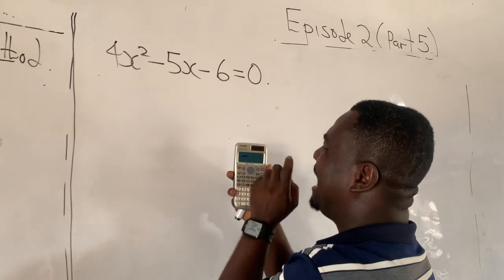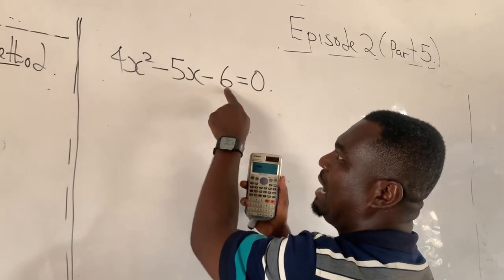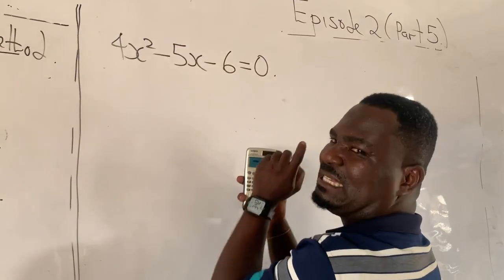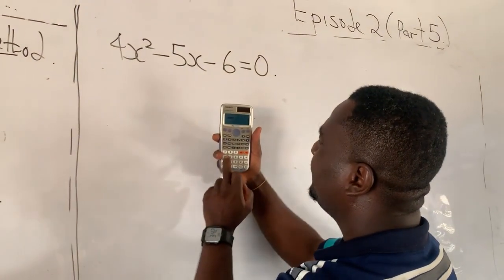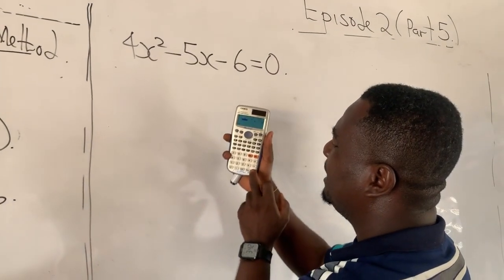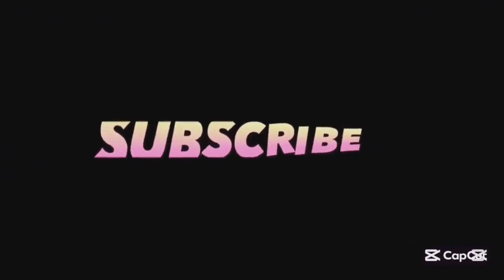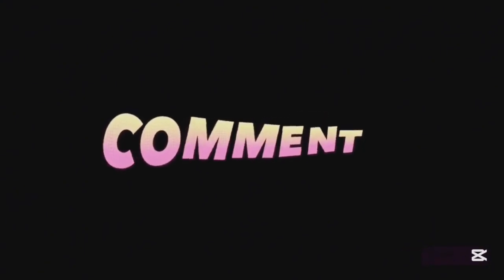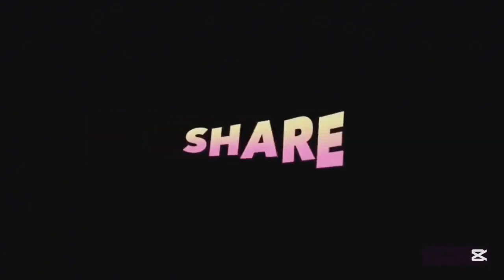And our C is what? Is it 6 or negative 6? Yes, it's negative 6. So you punch 4. Then you hit the equal sign button for the calculator to pick or fill it. So 4, then our B is negative and we punch negative 5.